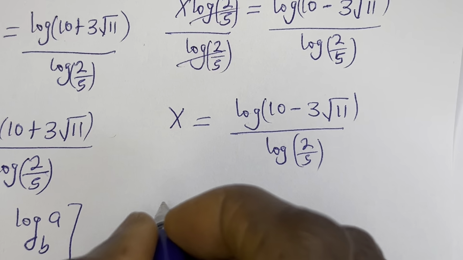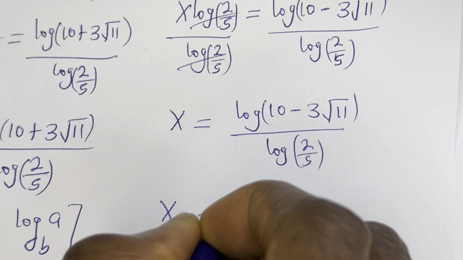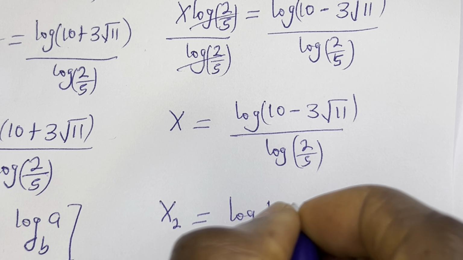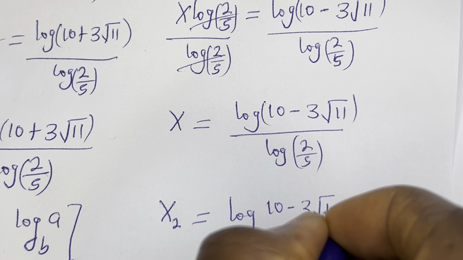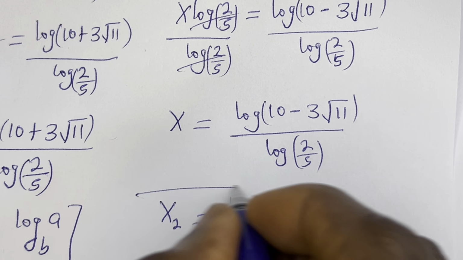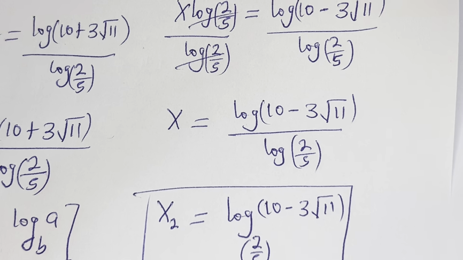Then x2 is equal to log of 10 minus 3 square root of 11, base 2 divided by 5. This is also another value of x.